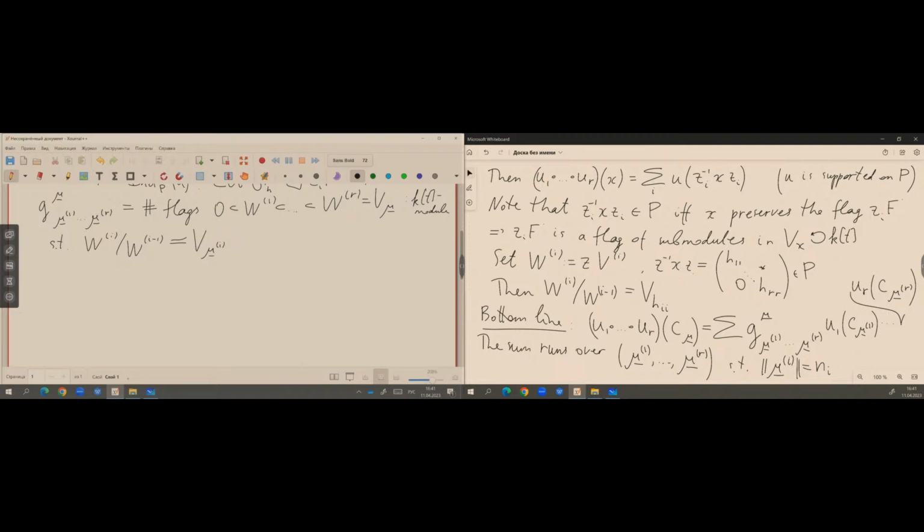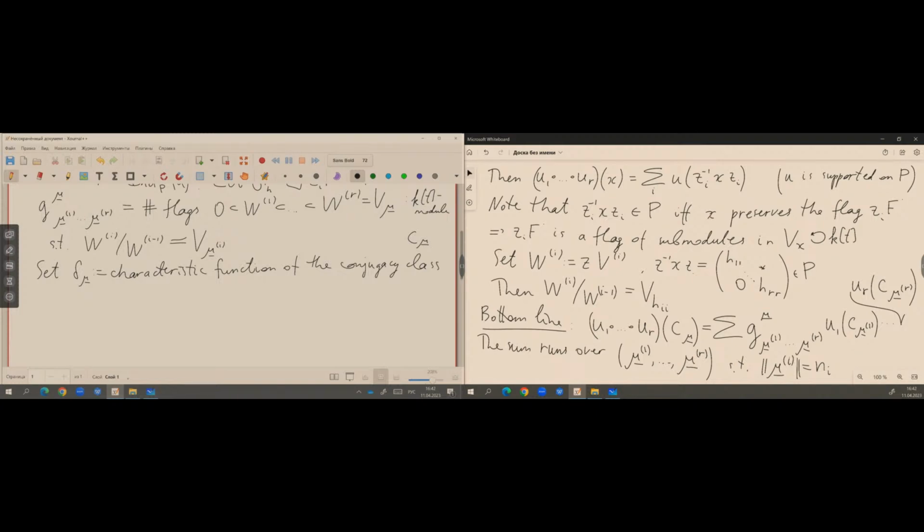Okay. So let me rewrite this yet once again. So set delta mu is the characteristic function of the conjugacy class C mu.